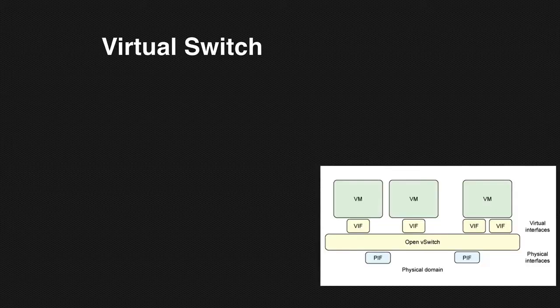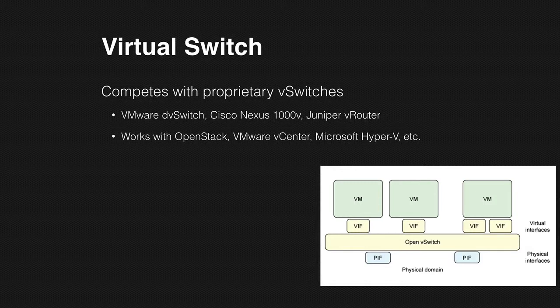clouds. So OpenVSwitch is a virtual switch. It competes with all other virtual switches out in the market, and DV switch or Nexus 1K or Juniper vRouter all fit the same niche and is intended to be a middleman layer between the virtual machine interface card, the virtualized one, and the real host interface card that will be used to serialize traffic out.